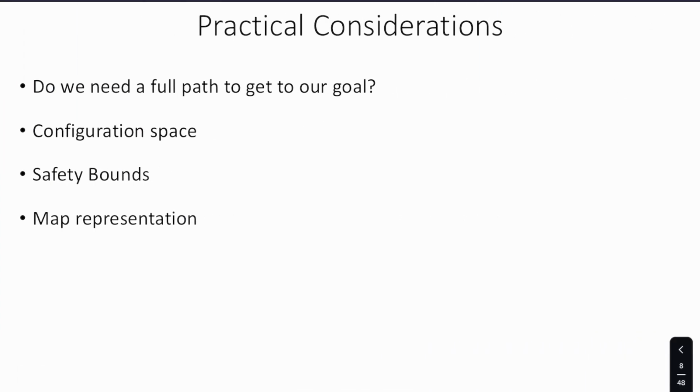And so to figure out a solution to this problem, we'll talk about a few different practical considerations with path planning. First of all, do we actually need a full path? Do we have some simpler way to get from point A to point B? We'll talk about something called a configuration space.